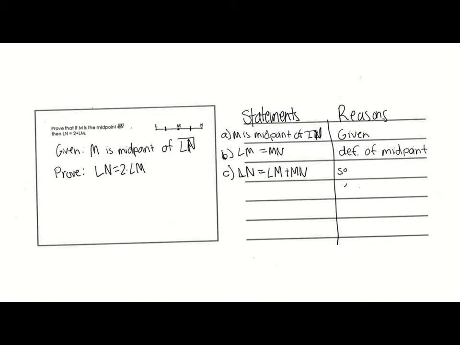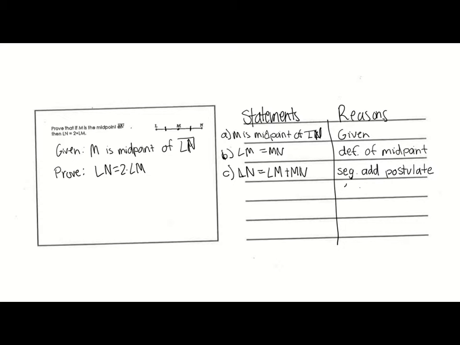And we know that because of our segment addition postulate. So if you are doing some of these proofs and you're getting stuck, go back to the reasons at the top of this page and use those reasons as hints. So if you can't figure out something to write down, look at that.